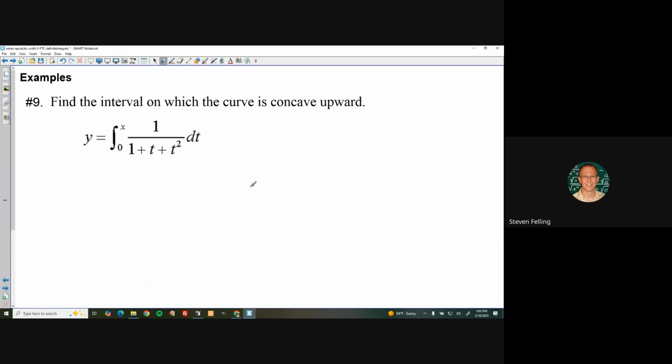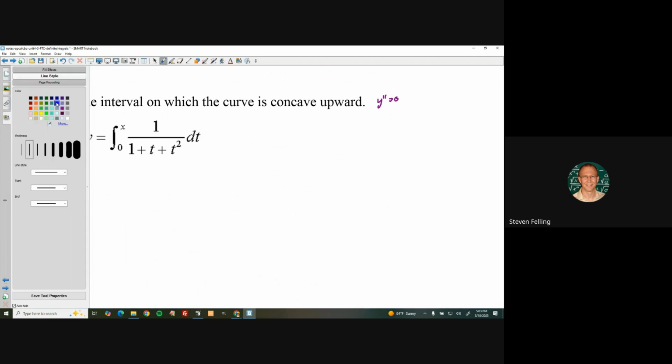Okay, this says, find the interval on which the curve, or y, is concave up. All right, so remember, concave up happens when the second derivative is positive. So to do that, I'm going to have to take 2 derivatives here.